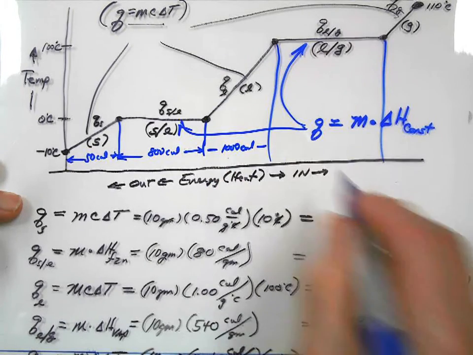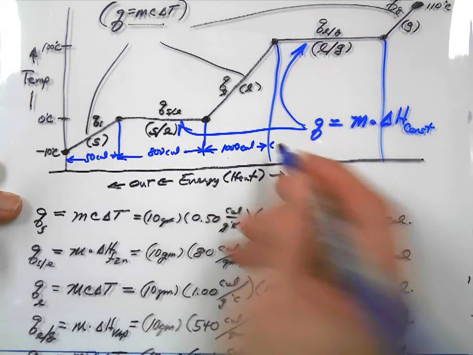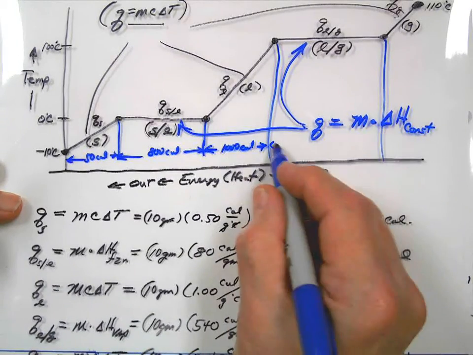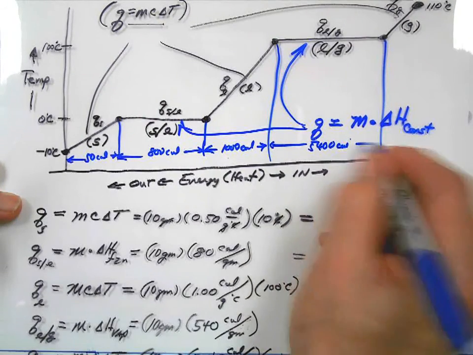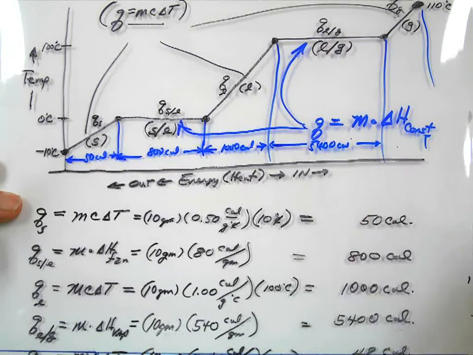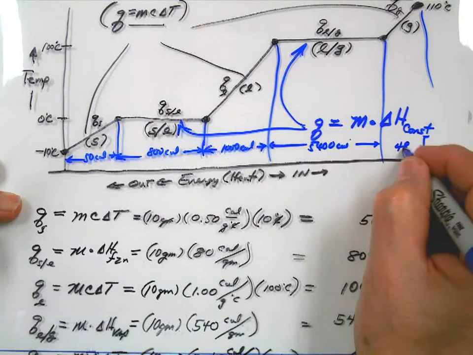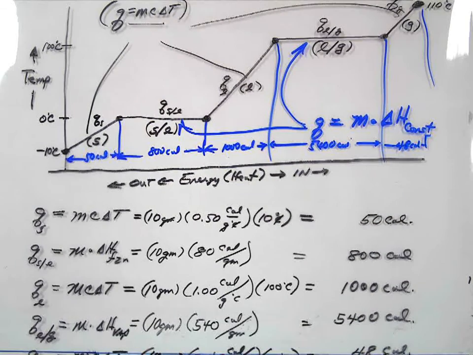And then, of course, we have 5,400 calories, and then up to the steam point 48 calories right there. Now, the total would simply be the sum of those. That's all it is.